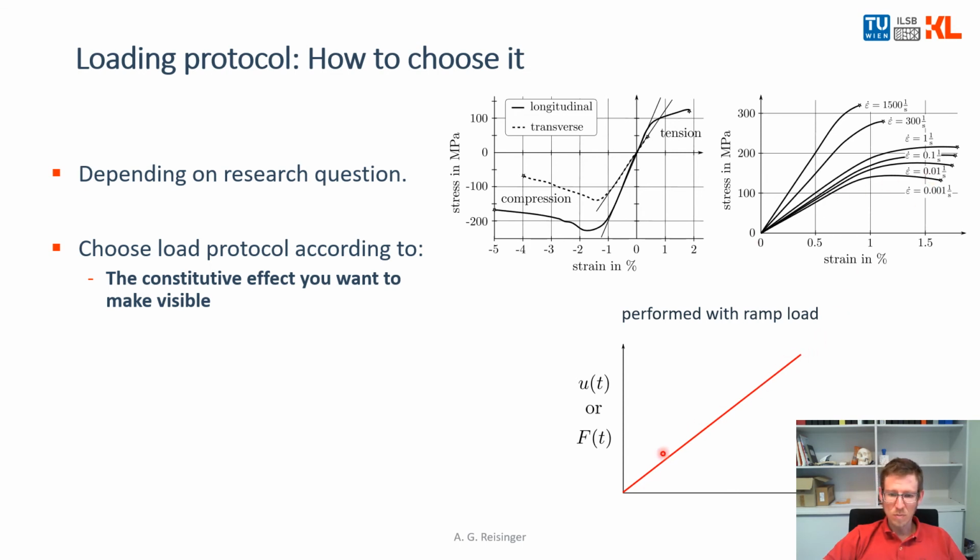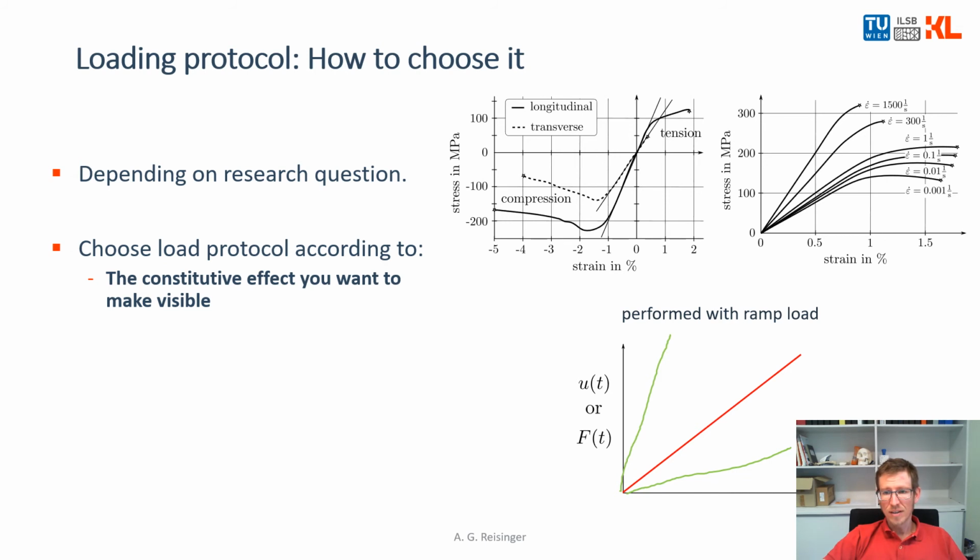So the slope of the loading ramp indicates the speed of the test. For example, for this very slow test, the ramp was maybe something like this. And for this fast test, the ramp looked maybe like that. So this is a slow ramp, and this is a very fast ramp.